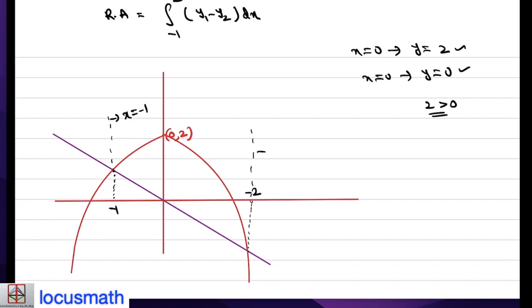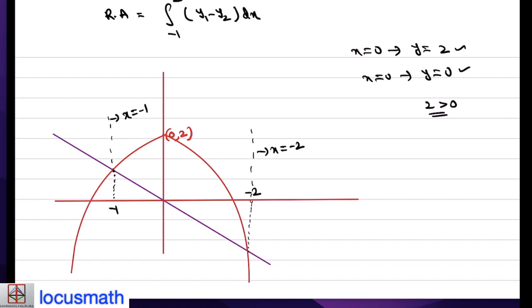This vertical line x equal to 2 is the upper limit. So what we have done here: we substituted x equal to 0 and saw this 2, and we substituted x equal to 0 in the line, this is 0, therefore 2 is greater than 0. That's why in between -1 to 2 this parabola is above. That's why we have drawn the diagram like this.